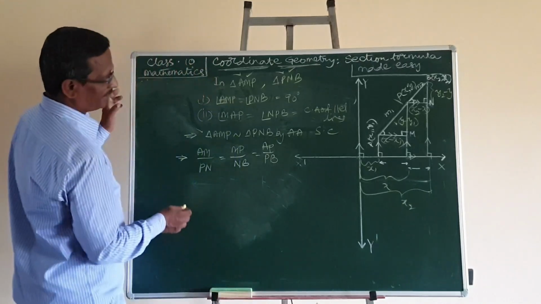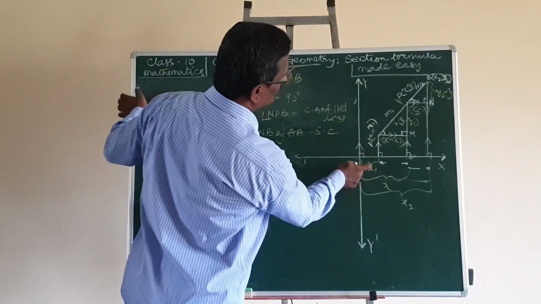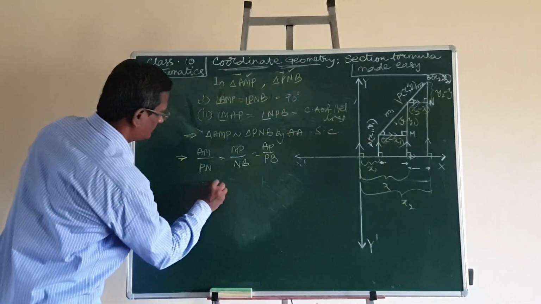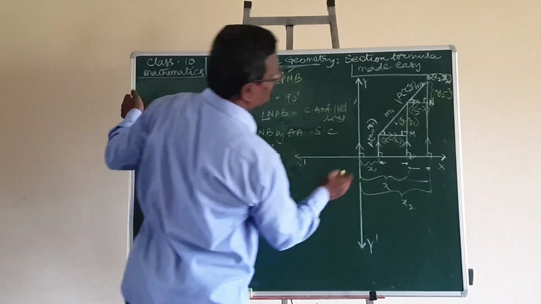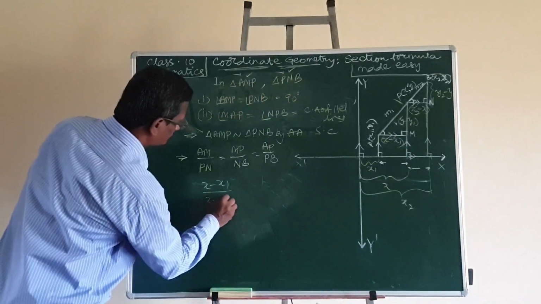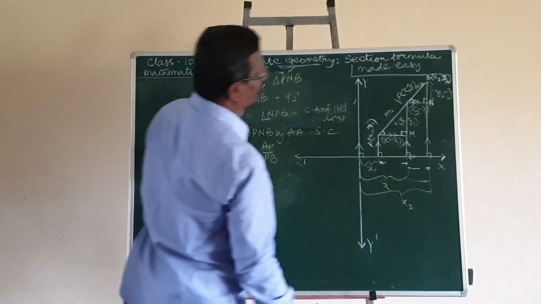Let's get AM. AM is x minus x1 by PN, x2 minus x, is equal to MP.